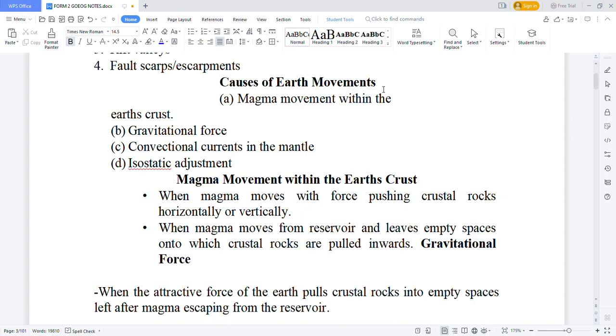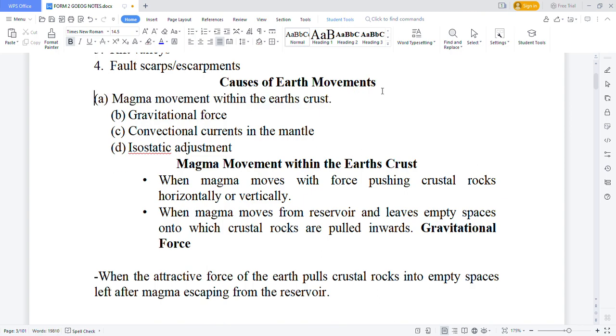B, gravitational force. C, convectional currents in the mantle. Then you have isostatic adjustments. Kindly remember that.